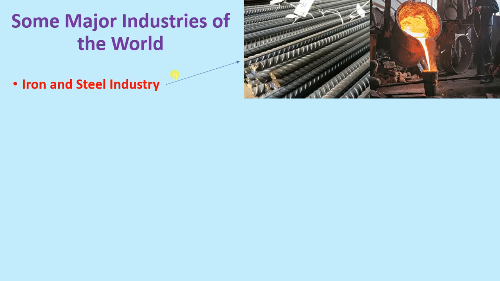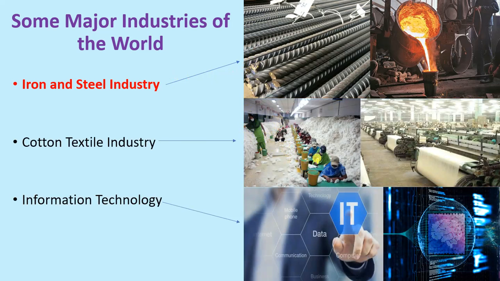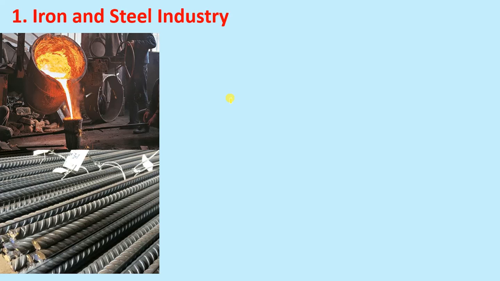Then cotton textile industries and information technology. About these we will discuss separately in other modules. In this particular module we are going to focus on the iron and steel industry. So let us begin, students.